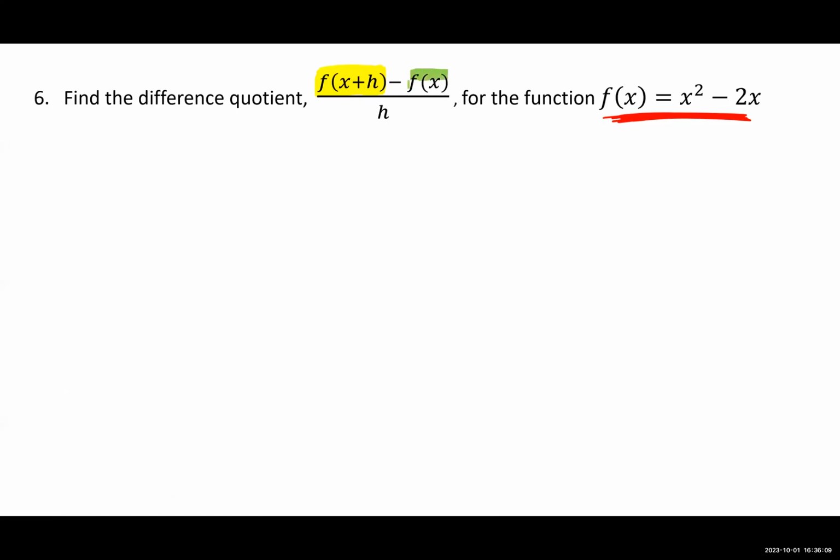You've got the f of x. And you've got the h. Okay, so there's three pieces here. So let's compartmentalize this problem. Let's look at only the yellow part.